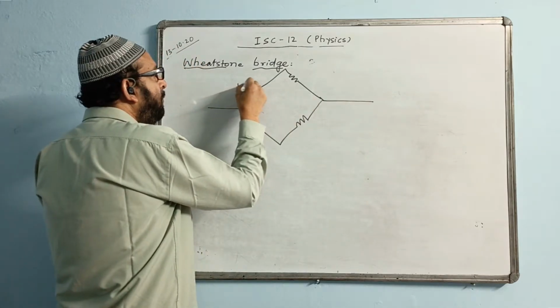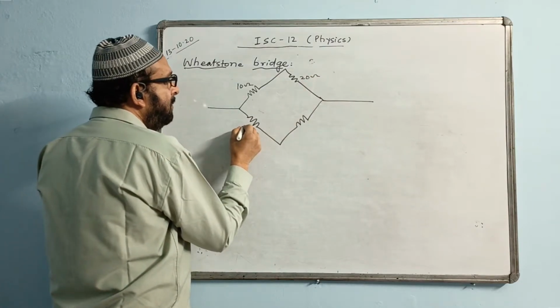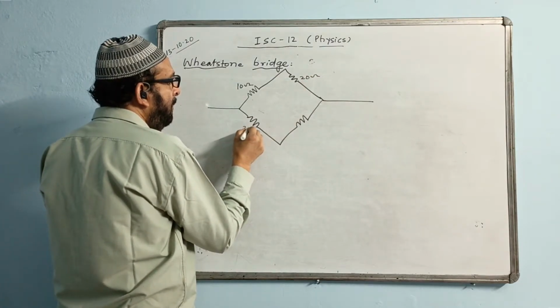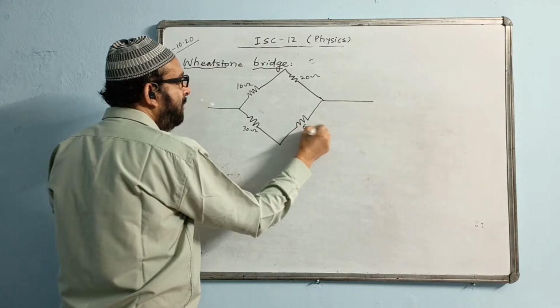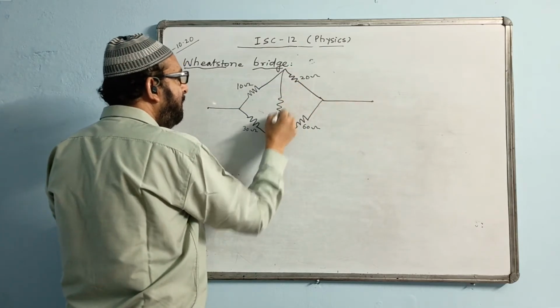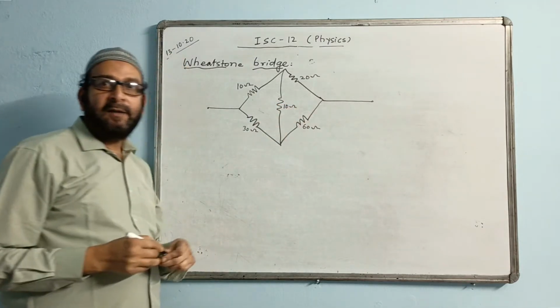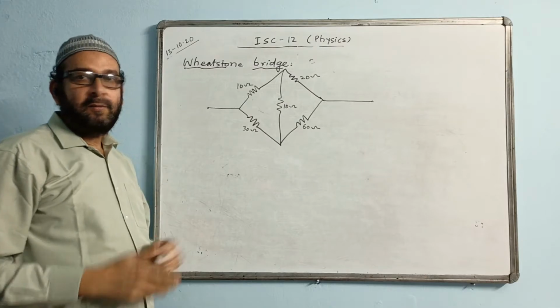Out here is given 10 ohm, this is 20 ohm, this is 30 ohm, this is 60 ohm given. And out here is also given 10 ohm. The question is asking to find the total resistance of this circuit.